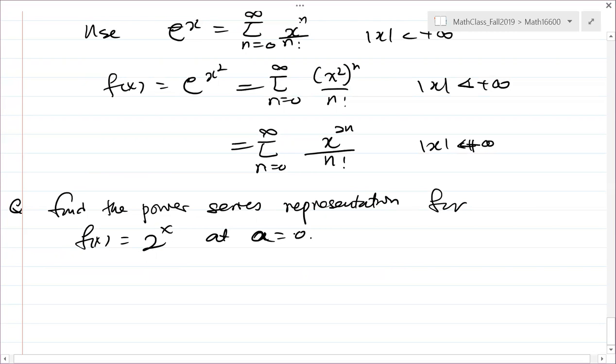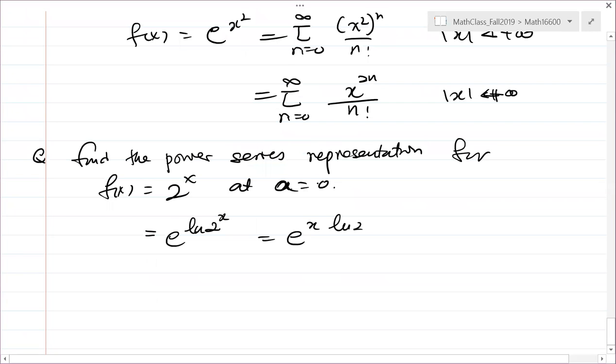You have to modify it. 2 to the x equals e to the natural log of 2, to the x. Then it's going to be e to the x natural log of 2. Then this is a very similar function again. And we know that this can be expressed in the form of the sum of x natural log of 2 to the power n over n factorial.